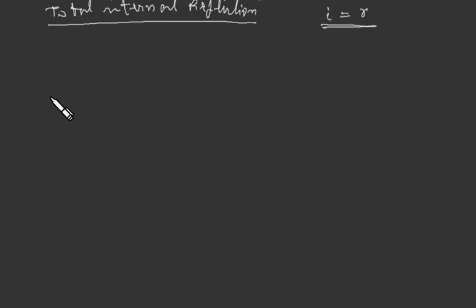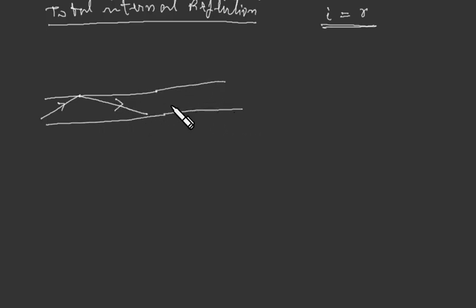Total internal reflection is generally used in fiber optics, where the light goes in and falls on the surface of the fiber at an angle more than the critical angle and gets totally internally reflected, and then it keeps on falling on the surface with an incident angle more than the critical angle and keeps on getting reflected, and thus the light ray never goes out of the fiber.